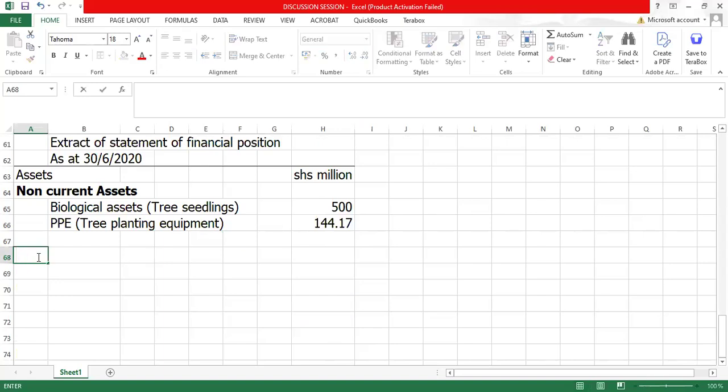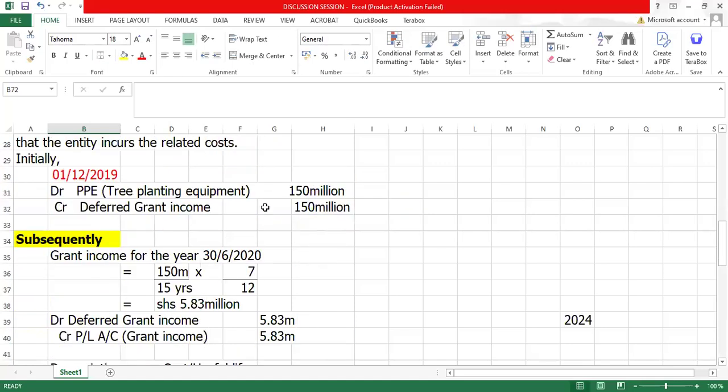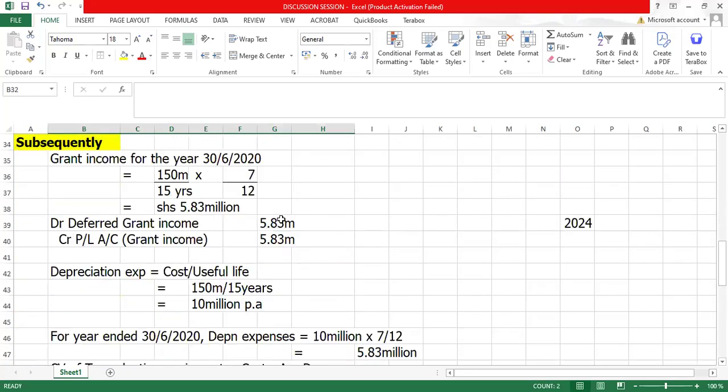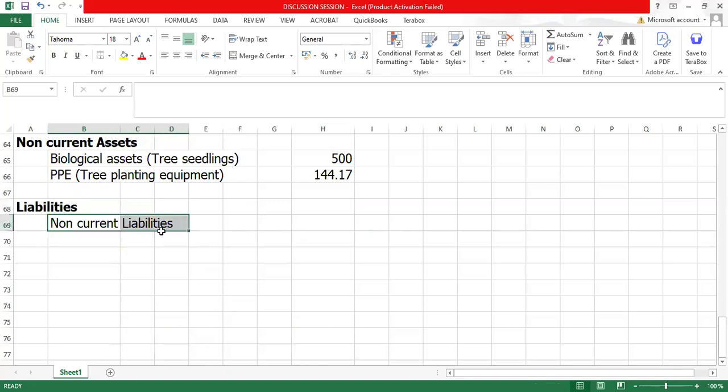Then with liabilities, you will have non-current liabilities. Remember, colleagues, this is a liability, deferred grant income. Now, what does this one mean? It means that when you're dealing with these, you will create a non-current liability.